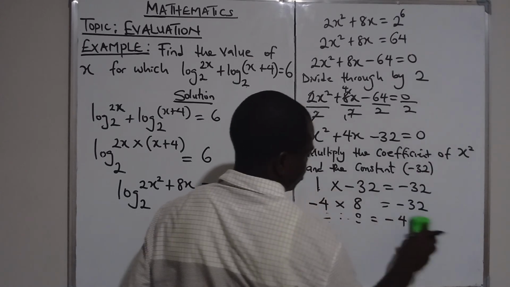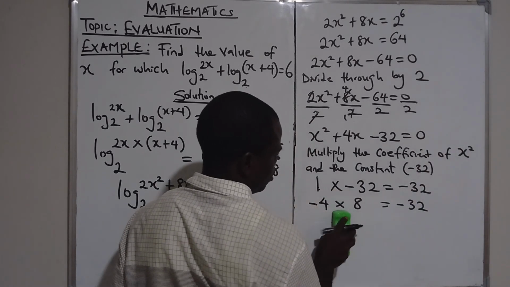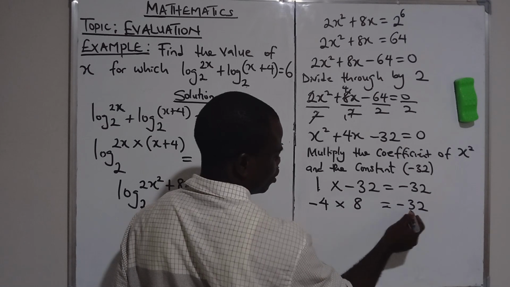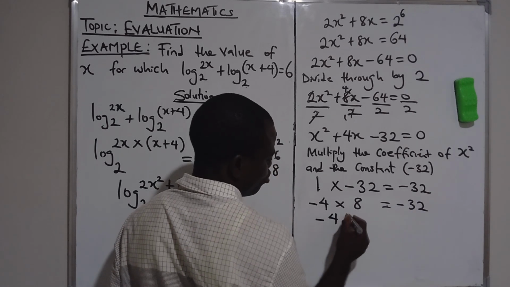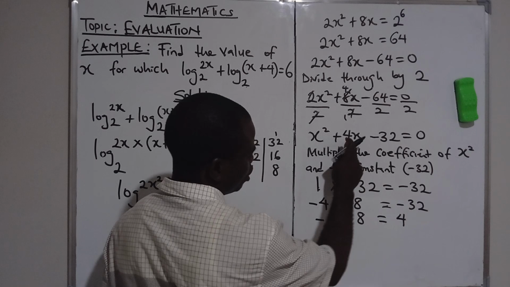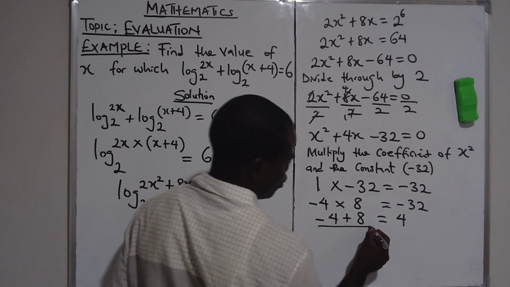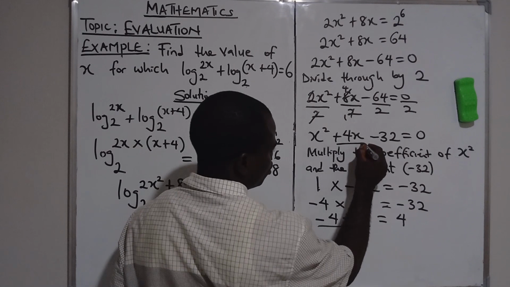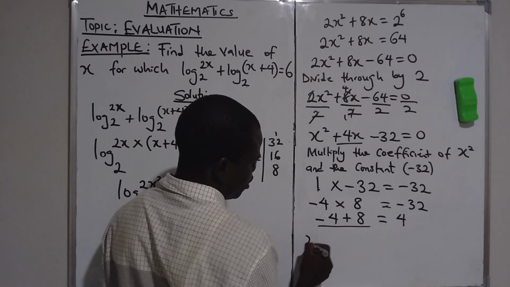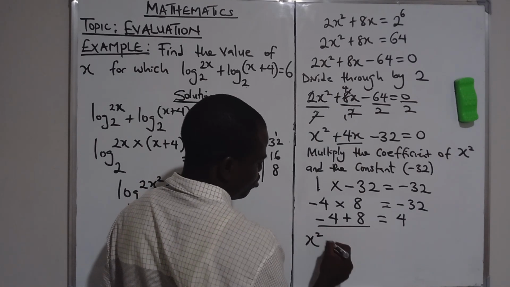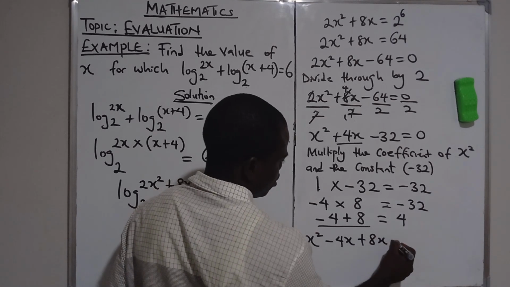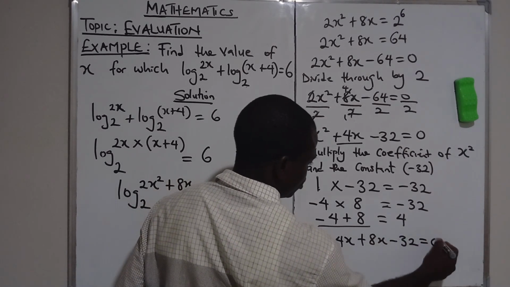So you'll be having minus 4 times 8 gives you minus 32. Now minus 4 plus 8 will give you 4, which goes for this. You now replace minus 4 plus 8 into this place. Don't forget to add your x, because having x squared, you have x squared minus 4x plus 8x minus 32 equals to 0.